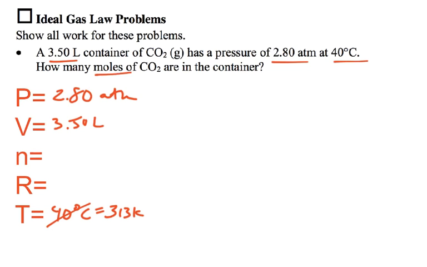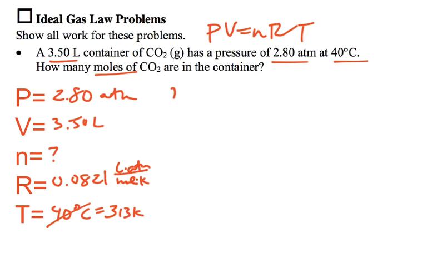And we are looking for the number of moles, and we know that R is 0.0821 liter atmospheres per mole Kelvin. Okay, so we're solving for n. So we have PV equals nRT. So I would say that this is n equals PV over RT, and all of our units are in the right units already, so we're just going to substitute those in.